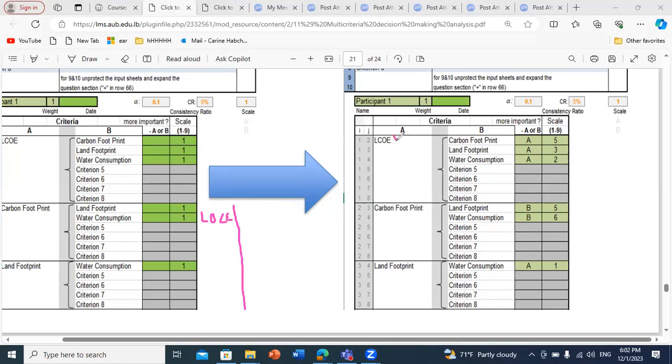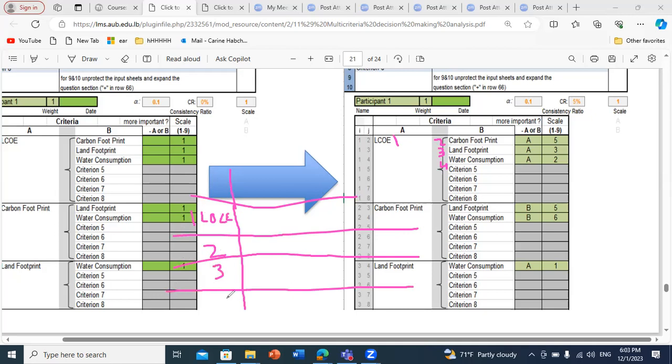You can name them option 1, 2, 3, and 4. So this is 1, this is 2, this is 3, and this is 4.